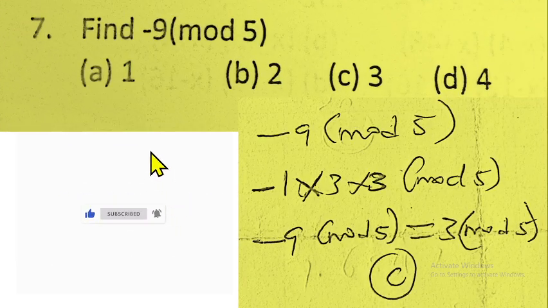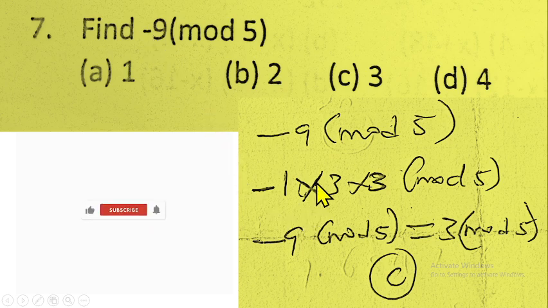Question number 7 is on modular arithmetic. So we have to change this minus 9 to mod 5. All you need to do is to expand this minus 9 so that you use some numbers that can be multiplied together, and those numbers must be in mod 5.